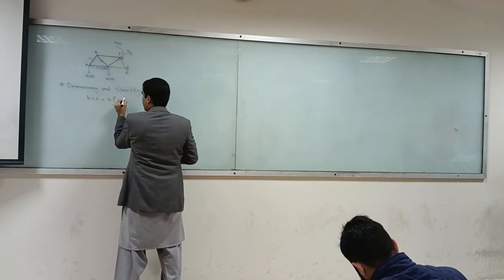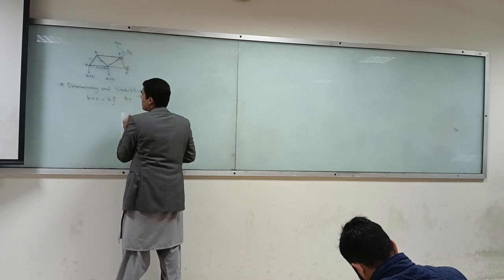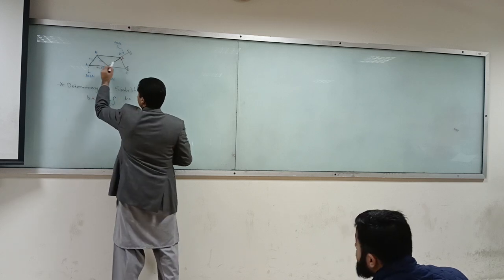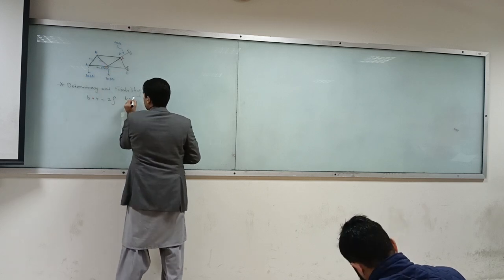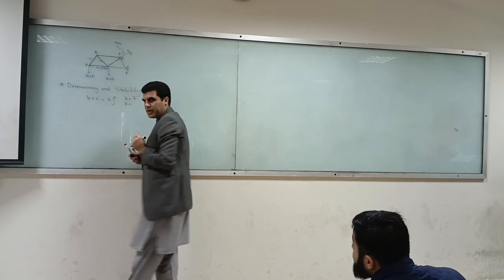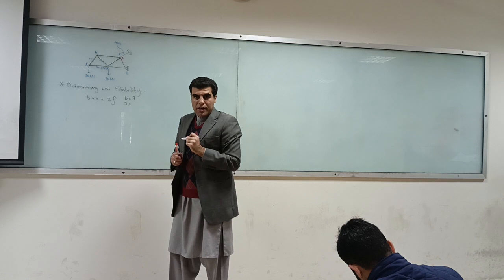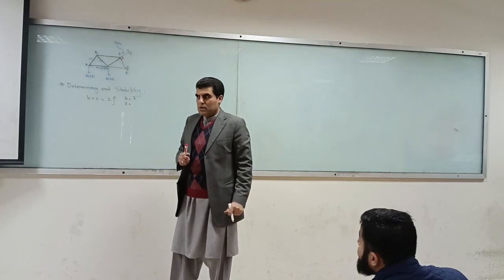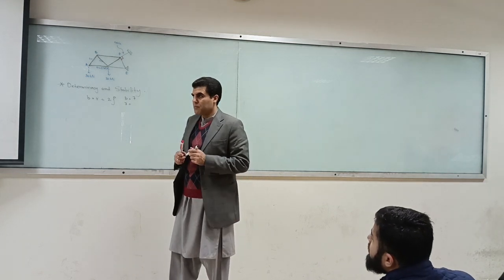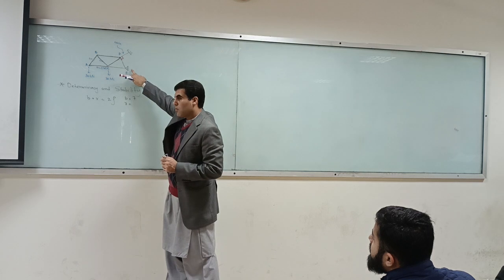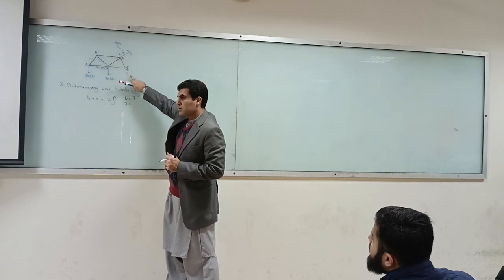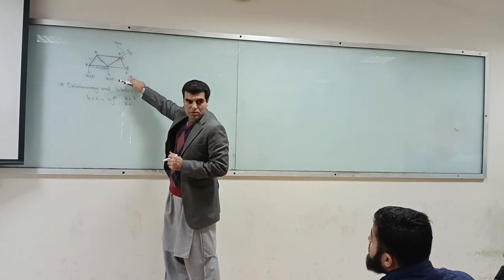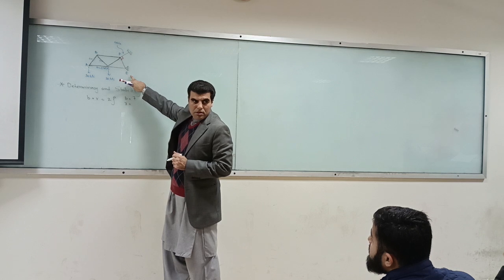So b is equal to 1, 2, 3, 4, 5, 6, 7. r is equal to how many? How 5? There are only 3 reactions. Six. How 6?